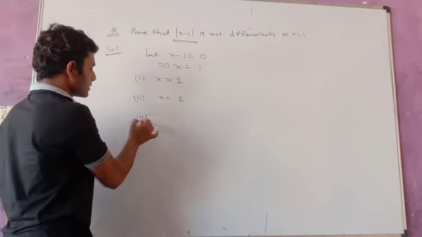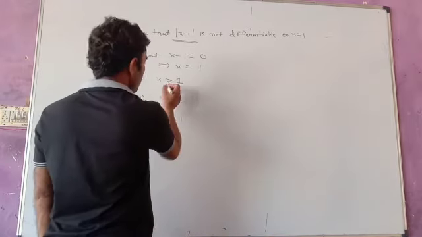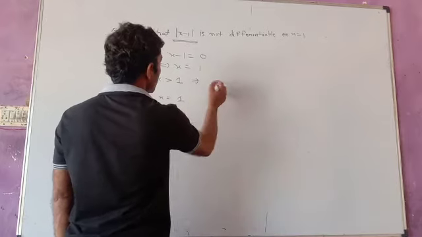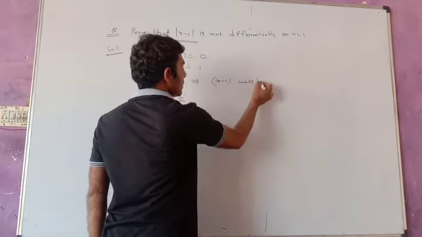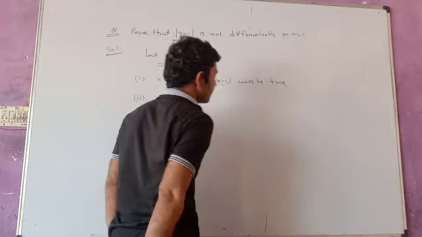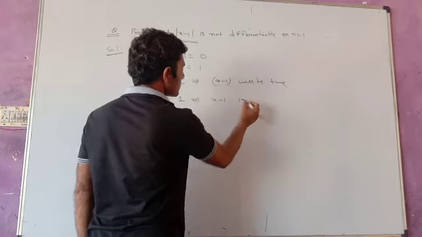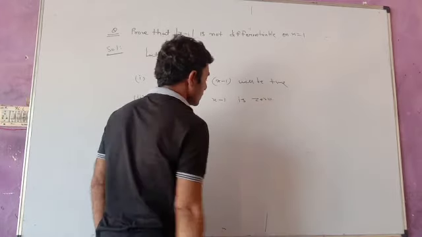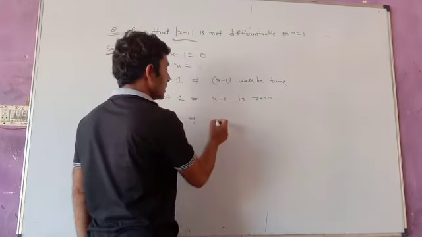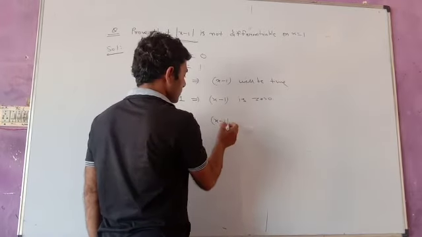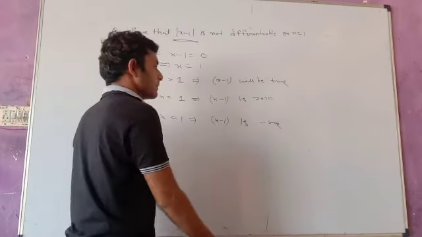And third is x is less than 1. When x is greater than 1, then x minus 1 will be positive. At x equal to 1, x minus 1 is 0. And when x is less than 1, then x minus 1 is negative.